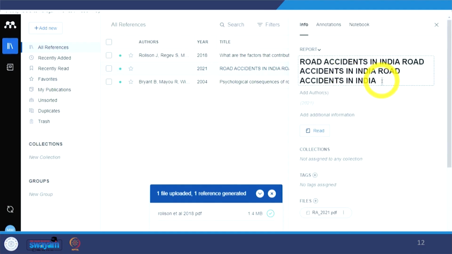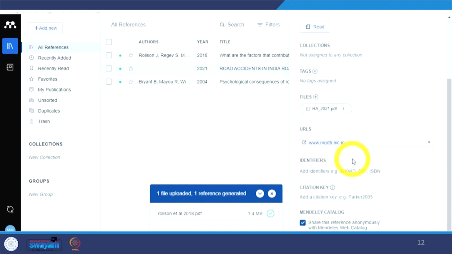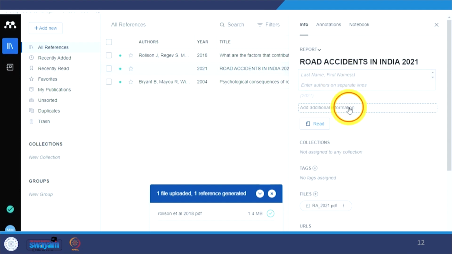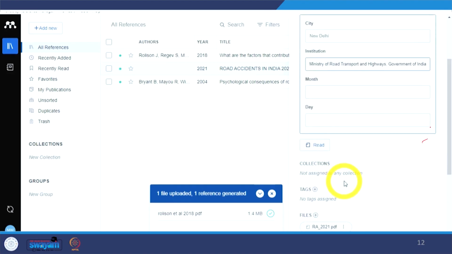So, here in this case you can see the road accident in India, it is being repeated, right. So, again there is no author's detail mentioned over here. So, the URL is mentioned. In this case you have to write the city, which is very important for such a document, Ministry of Road Transport and Highway, that you need to put here, and then Government of India, that I have already mentioned.